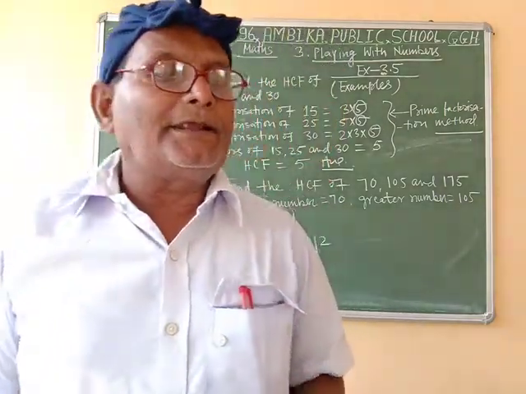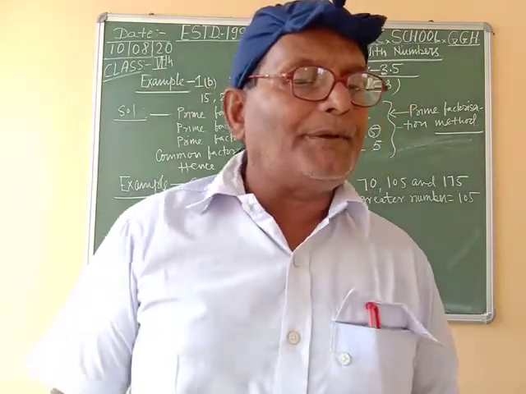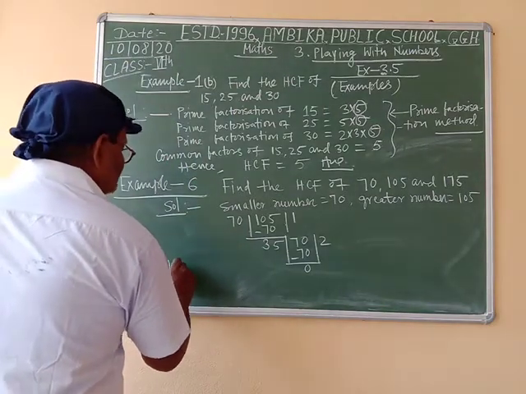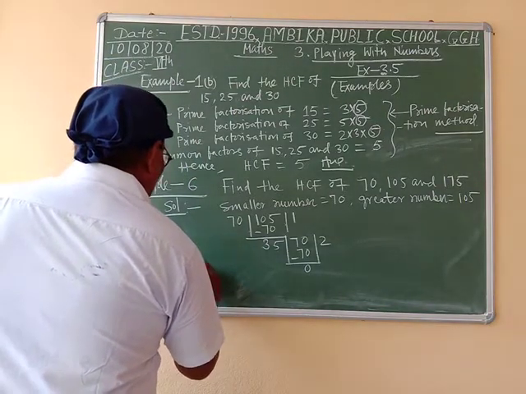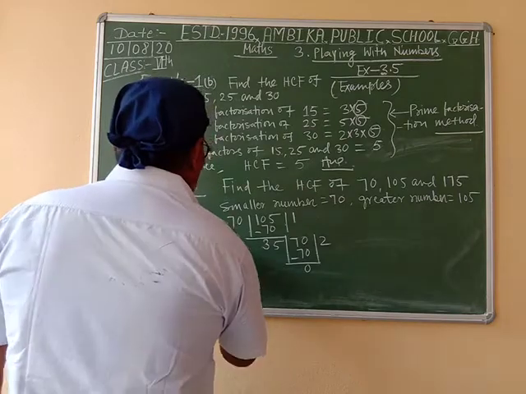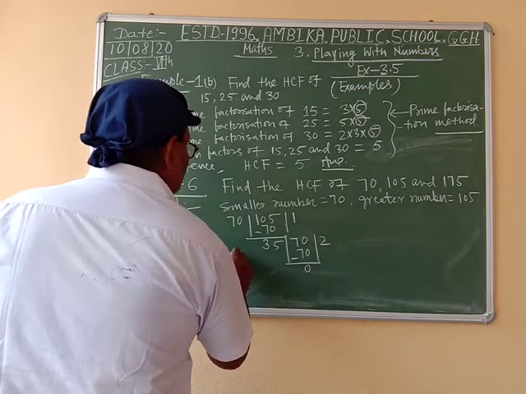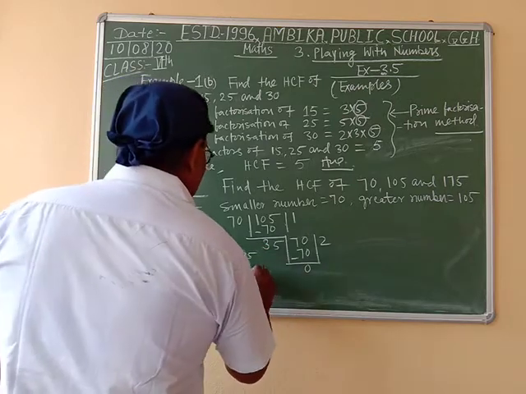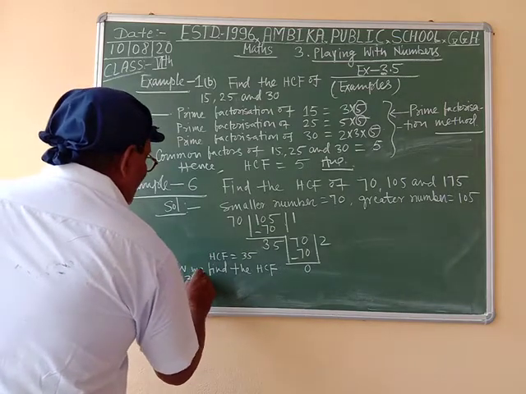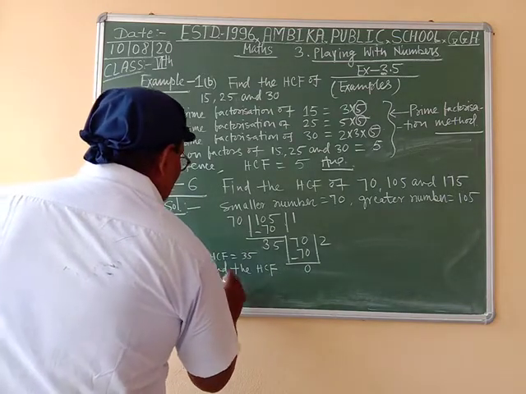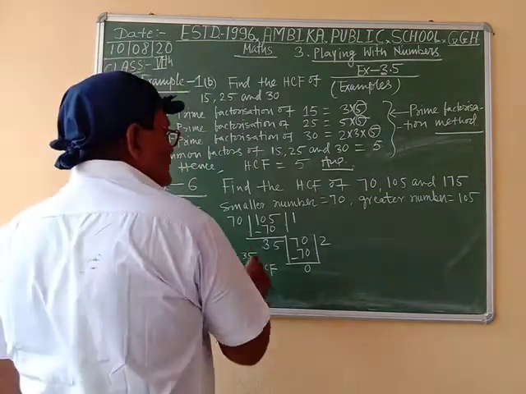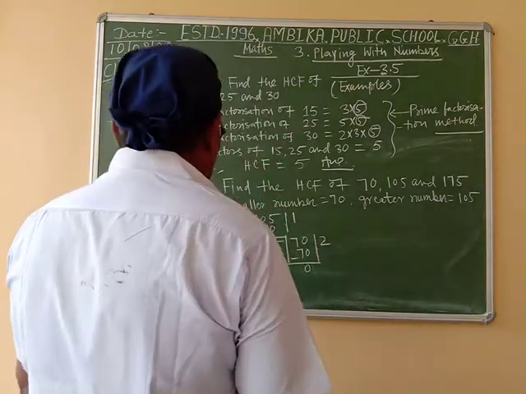Now we find the HCF of 35 and 175. Here we see that 35 is the smaller number and 175 is the greater number.